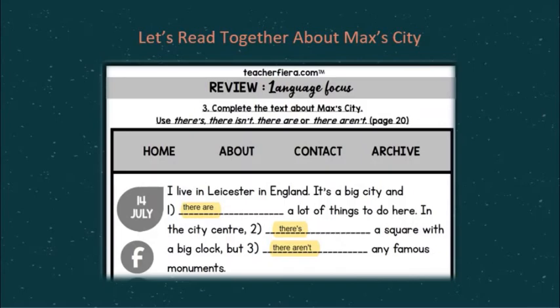It's a big city and there are a lot of things to do here. In the city center, there's a square with a big clock. But there aren't any famous monuments. Do you get the answer? Good. Let's move on to the second paragraph.